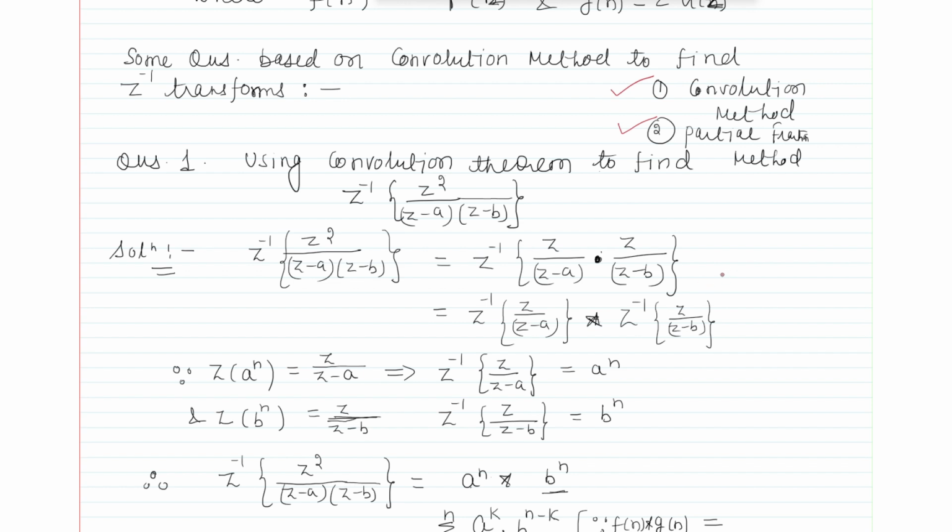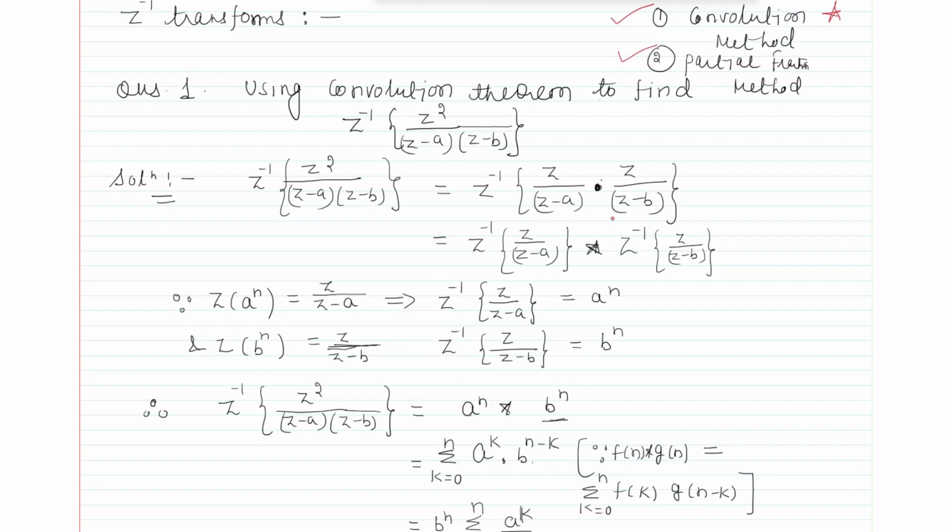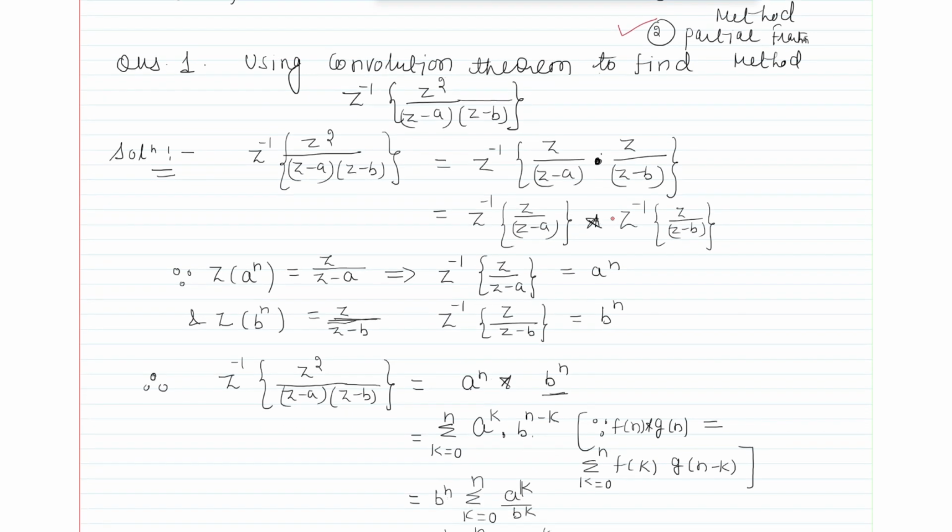So we are studying today how to find the z inverse transform by using the convolution method. We are going to start solving some problems based on the convolution method to find the z inverse of the given function. Question number 1, which I am solving here, is an example of the z inverse transform using the convolution theorem.